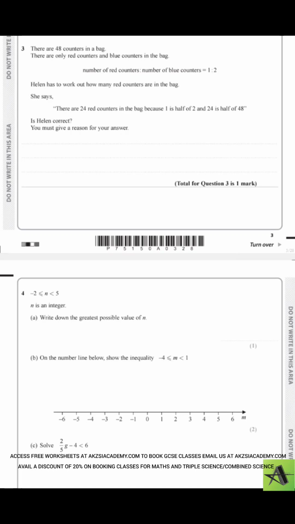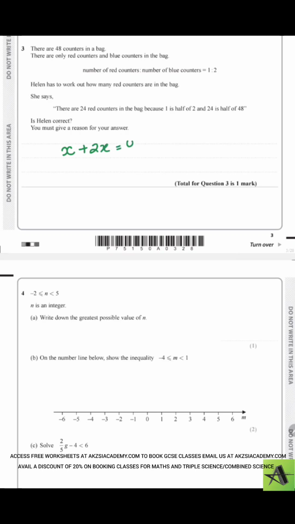First thing is, forget about how Helen is doing it. Think how you are going to do it, and then you can compare your working with Helen's, to see whether she is correct or not. So there are 48 counters in the bag. If X is the number of red counters, then definitely blue counters are 2X.